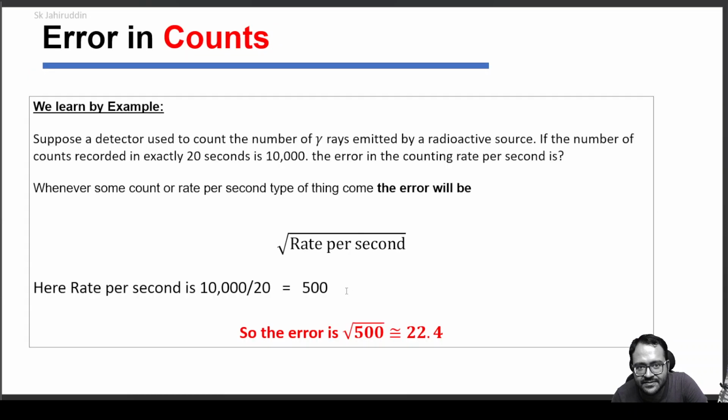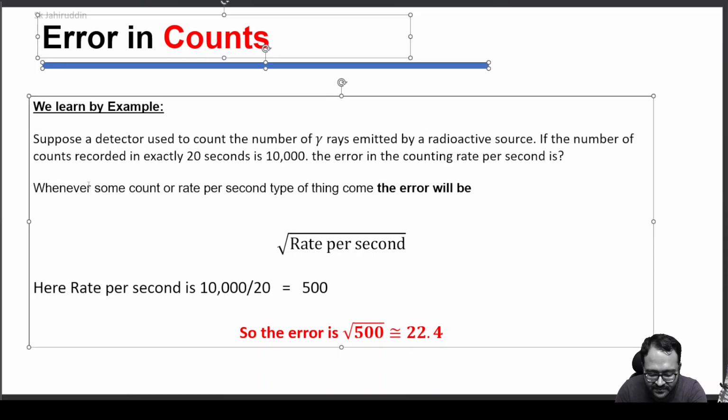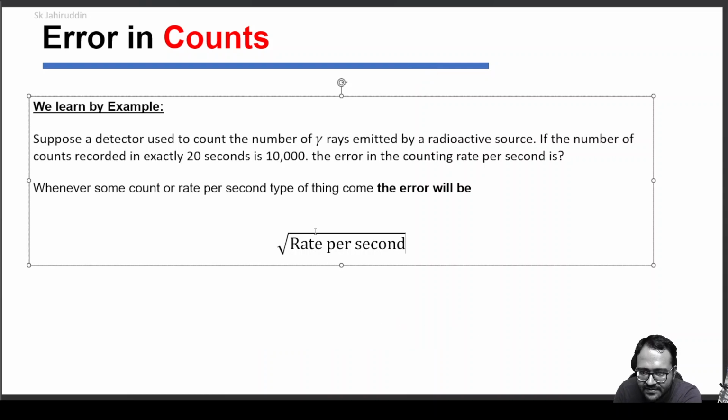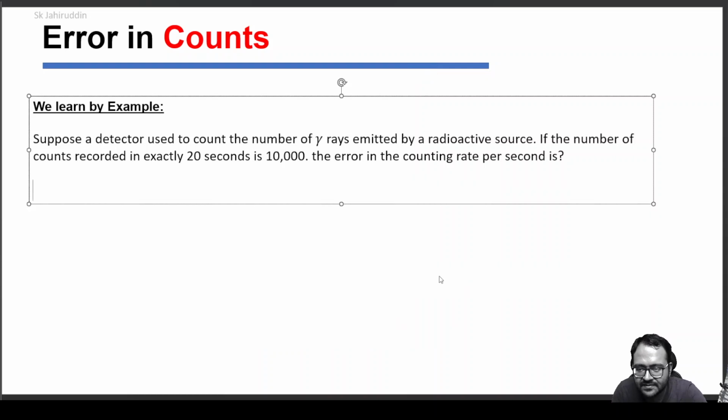Okay, now last. Error in counts. Sometimes you are asked: suppose a detector is used to count the number of gamma rays emitted by a radioactive source.